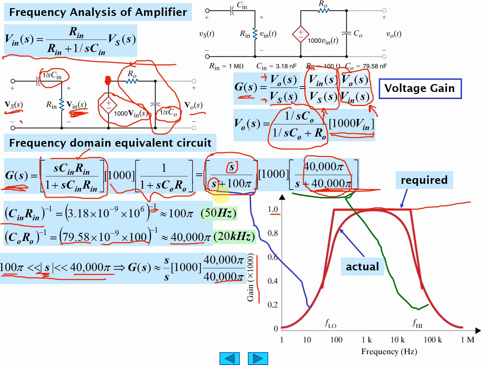Okay, yeah, and the lower frequency is dominated by this curve, when S is around 100 pi or 50 hertz, somewhere in the neighborhood of 50 hertz or less. This is in the neighborhood of 40,000 hertz or greater. That's what dominates the high frequency region.